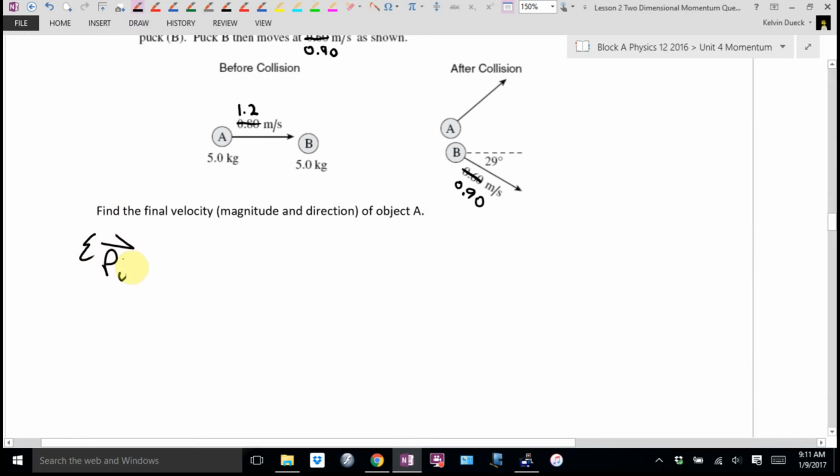The sum of all the incoming momentum equals the sum of all the final momentum. James, I'm going to call these masses A and B since that's what they did. You okay with that? Before the collision, James, my friend, what's moving? Mass A, mass B, both or neither? Both are moving, so there's a velocity drawn on this thing here right now.